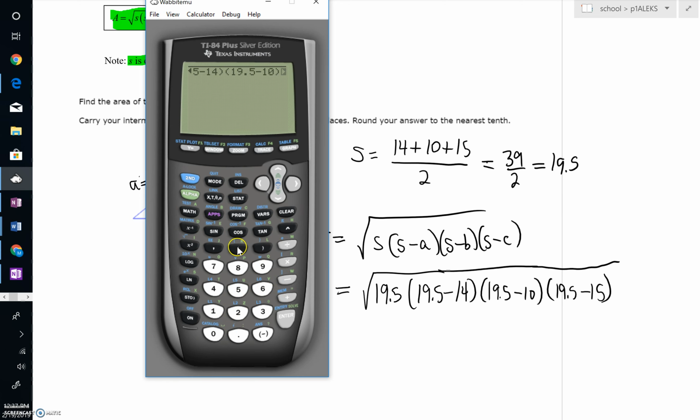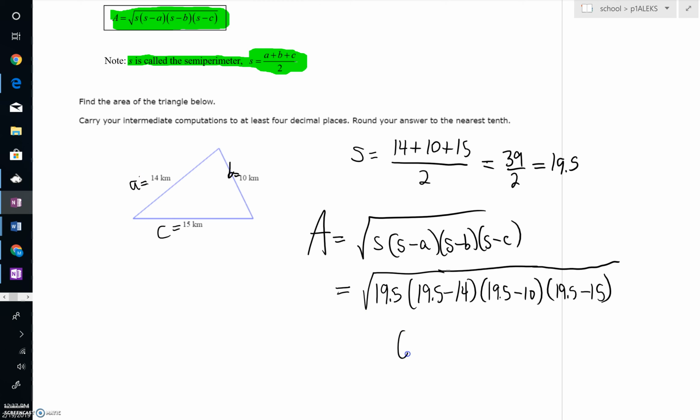Close that parenthesis, one last one. 19.5 minus 15. Close your parenthesis here. Just hit enter and you'll get your area, 67.7. And that's all you got to do, and that's Heron's formula.